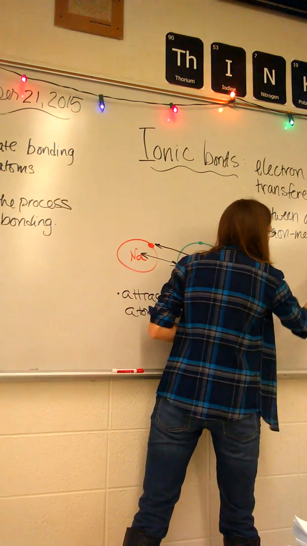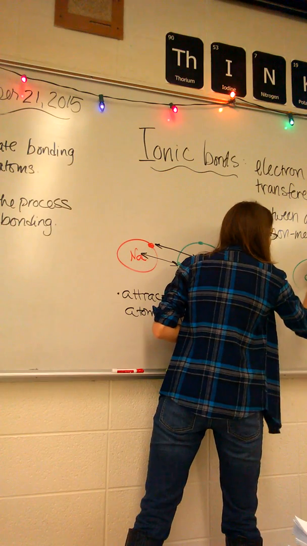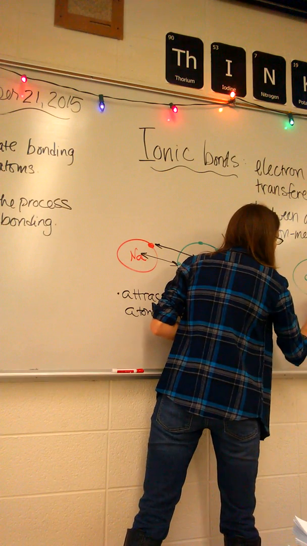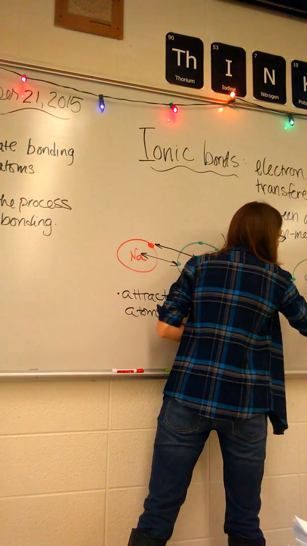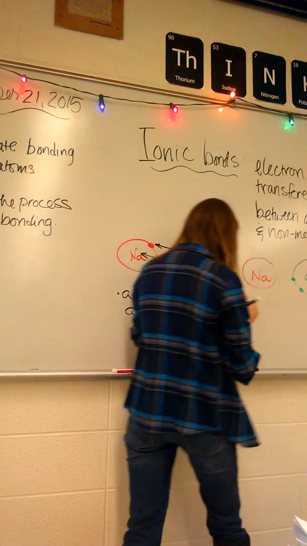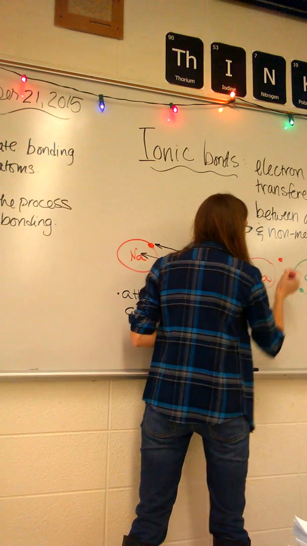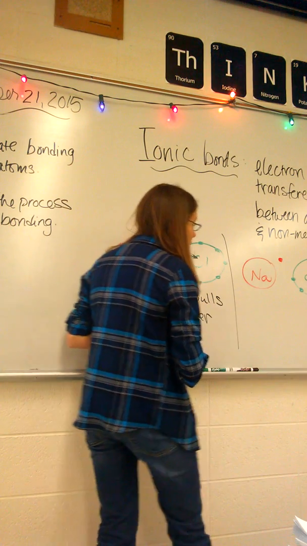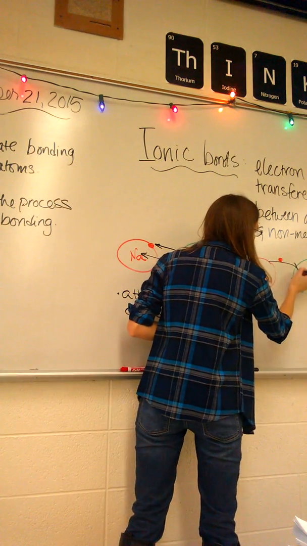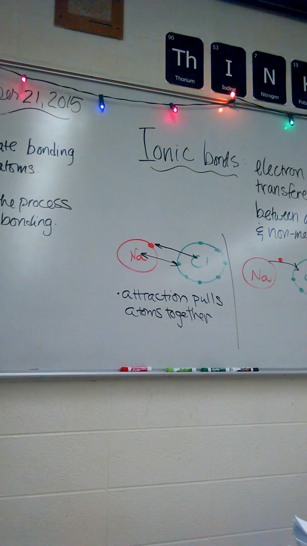We've got the chlorine atom with 7 valence electrons. And then we'll have the electron from the sodium atom leaving the sodium and transferring to the chlorine. So what could we write as a caption for that one? What should our caption be?